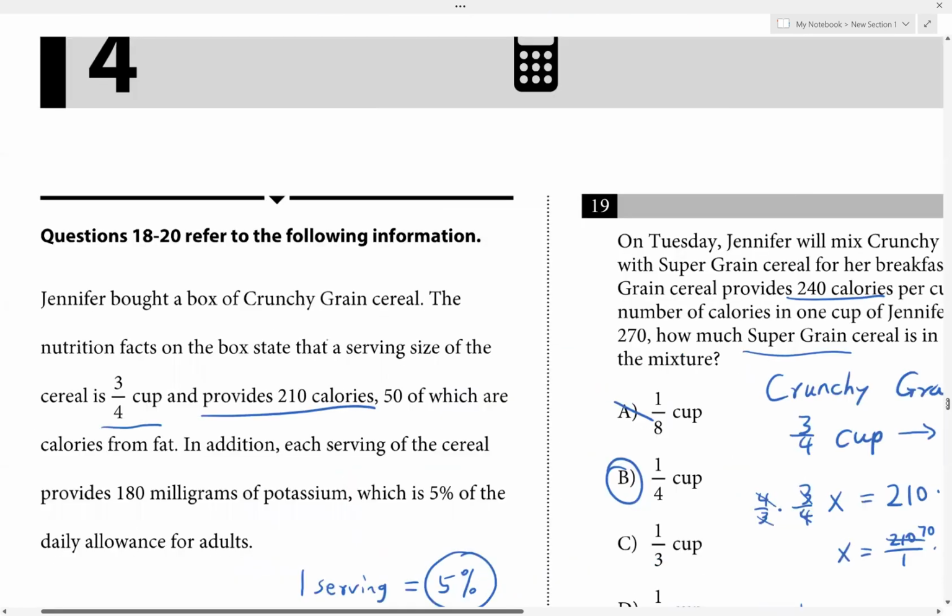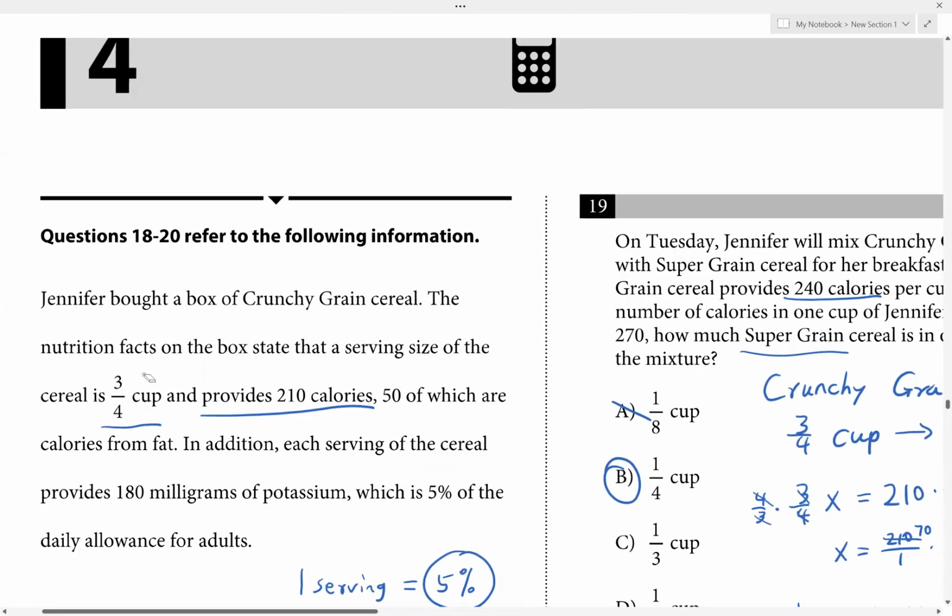It says a serving of the crunchy grain cereal is 3/4 cup, and each 3/4 cup provides 210 calories, 50 of which are calories from fat. So pretty much for each 3/4 cup of cereal, we have 50 calories from fat.